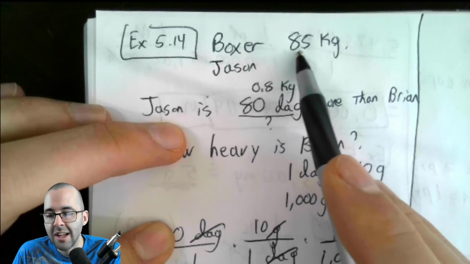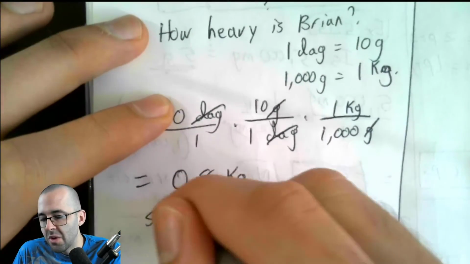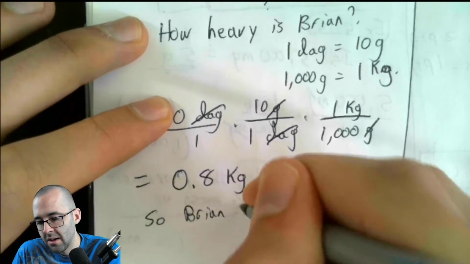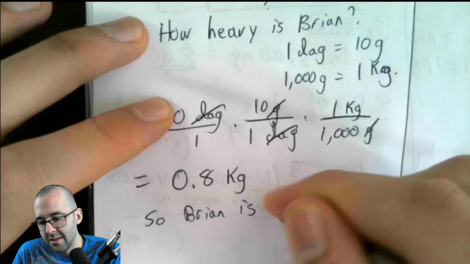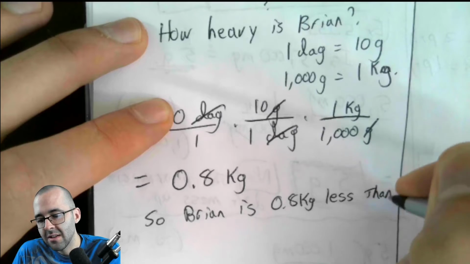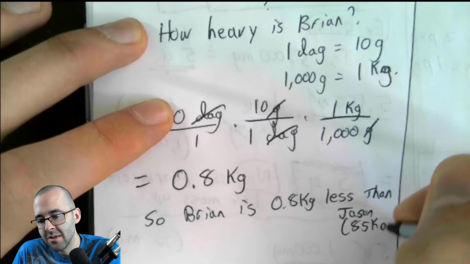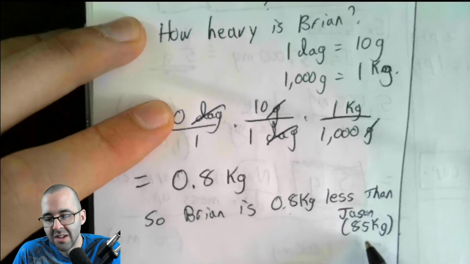So 0.8 kilograms less than 85. So Brian is 0.8 kilograms less than Jason, who is 85 kilograms. So what's 0.8 kilograms less than that?